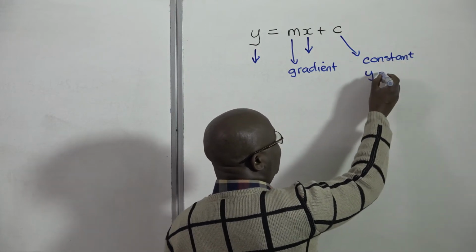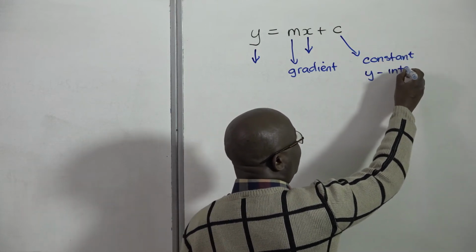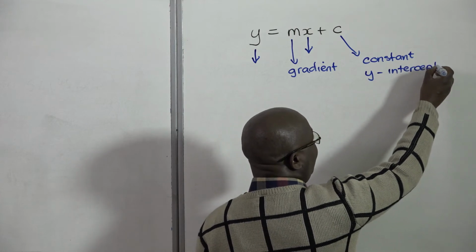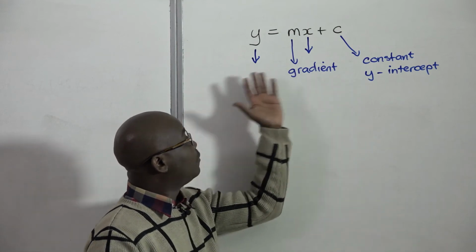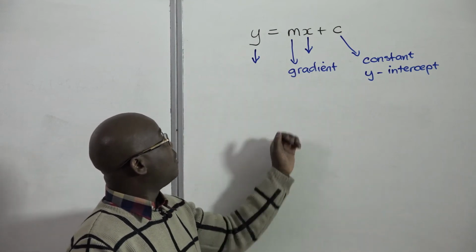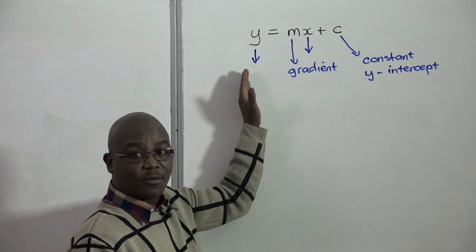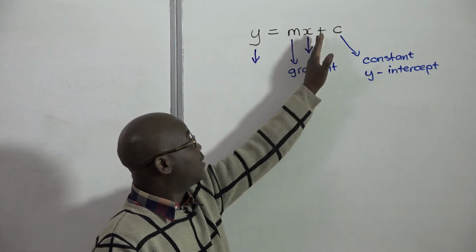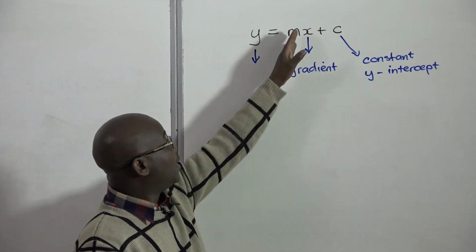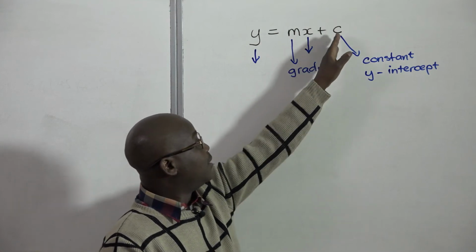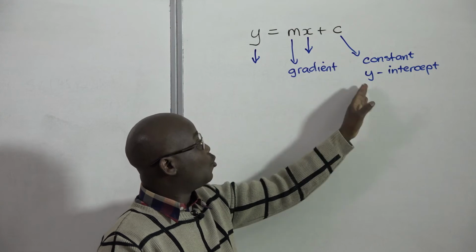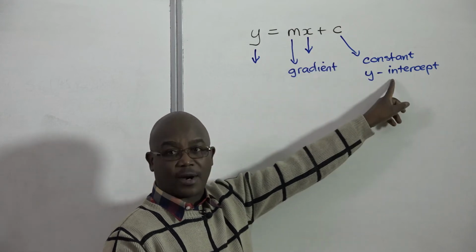Or sometimes we also call it the y-intercept. So a graph represented by this equation will have this y as the y component of the coordinate, the x as the x component of the coordinate, and m will be the gradient of that graph, and then the c is the constant, which is also where that graph cuts the y-intercept.